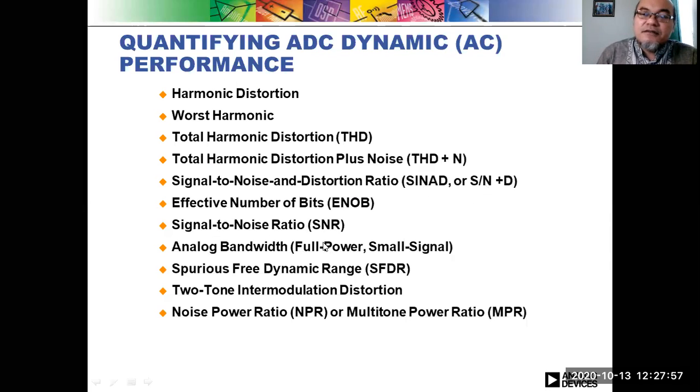Of course, you have studied this from time to time. Also SNR, analog bandwidth, full power and small signal, then the spurious free dynamic range, two-tone intermodulation distortion, noise power ratio NPR, and multi-tone power ratio.